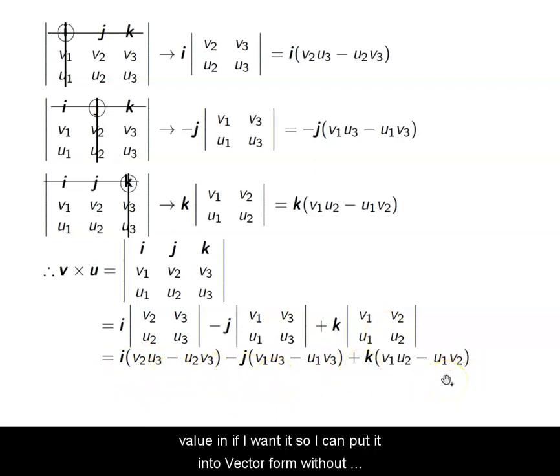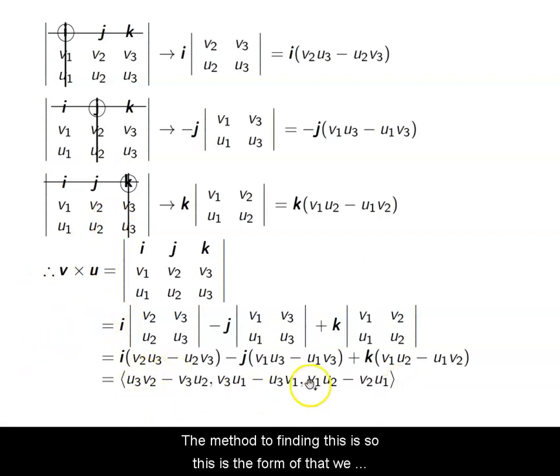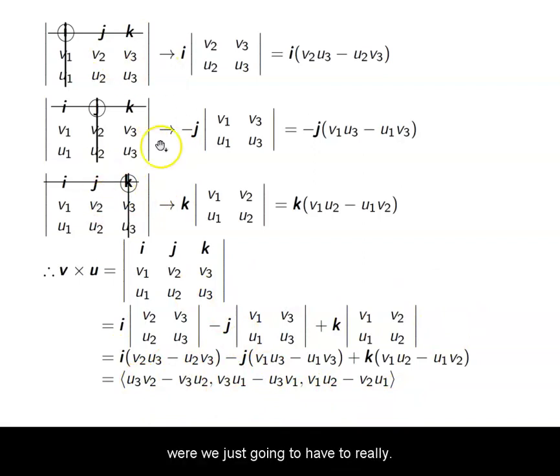And if I wanted to, I could put it into its vector form without the i, j, and k's as the x component, y component, and z component. So we can follow the formula, but again, it's going to be beneficial to remember what the method defining this is. Okay, and so this is the formula that we can use if we want to try to memorize it. But again, there's going to be times where we're just going to have to really do this from scratch.